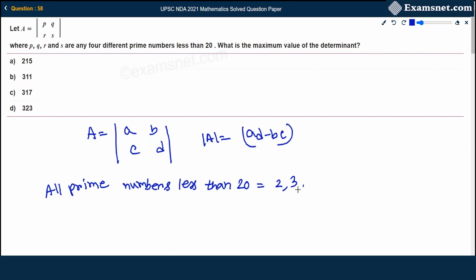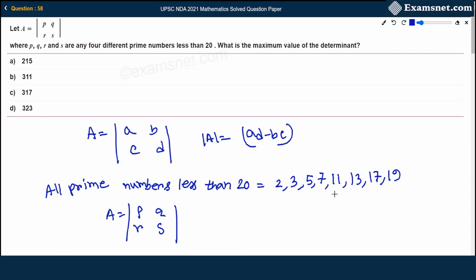Those are 2, 3, 5, 7, 11, 13, 17 and 19, right? So in this question it is given that there is a determinant P Q R S. Now P, Q, R, S are any 4 different prime numbers. We can assign any 4 values among these numbers.